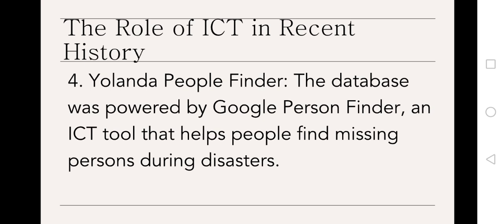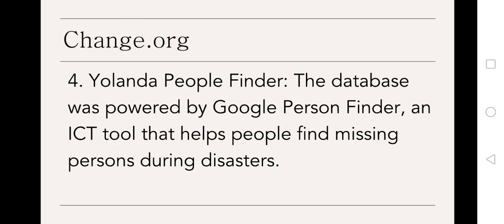So yun po. The last one is change.org. However, I did not put the proper definition. When we're talking about change.org, it is an online platform that contains petitions on various things.